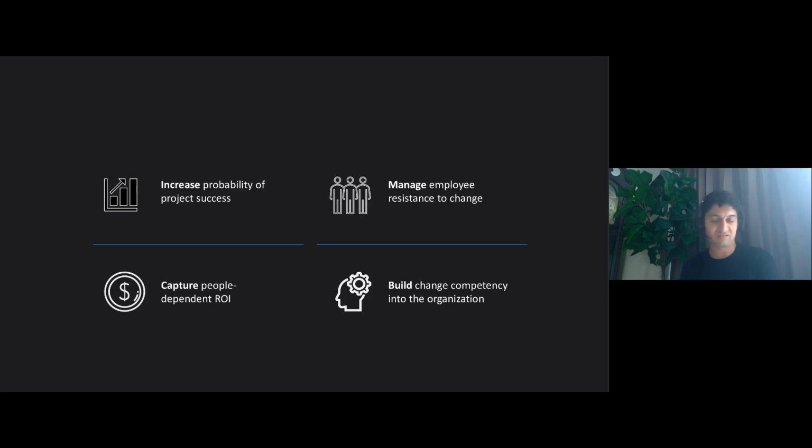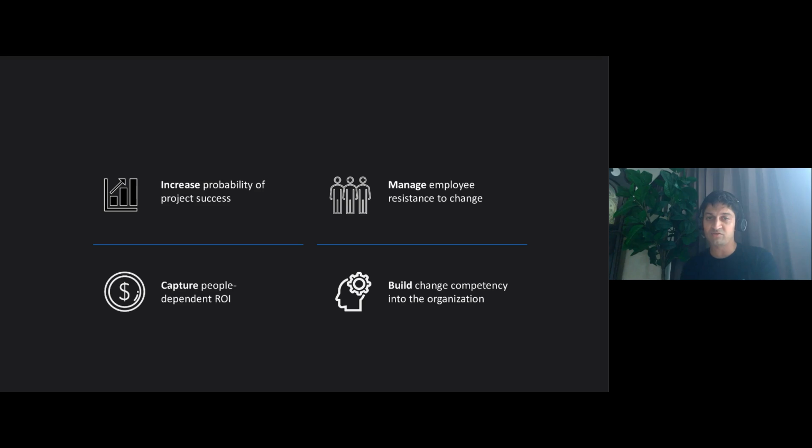So why do this? Again, it's not rocket science. It's fairly intuitive, but as I mentioned earlier, you don't ensure it, but you do increase the odds of project success. It helps you to manage pushback and resistance from employees. You capture ROI, but you also capture the people-dependent ROI for a project, and you build change competency in the organization.